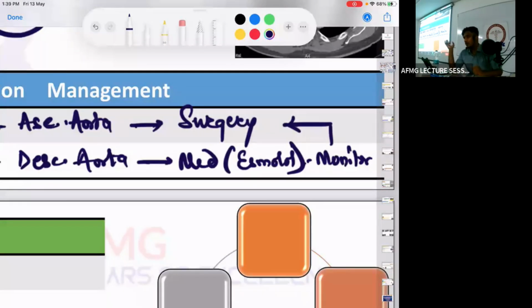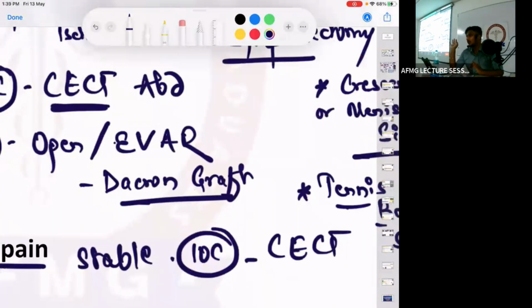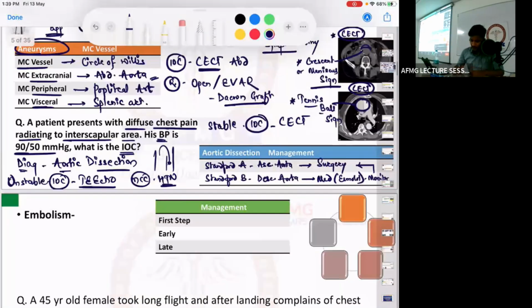If the patient deteriorates, which surgery? Again open repair, and the most common graft used here also is the Dacron graft. No problem.